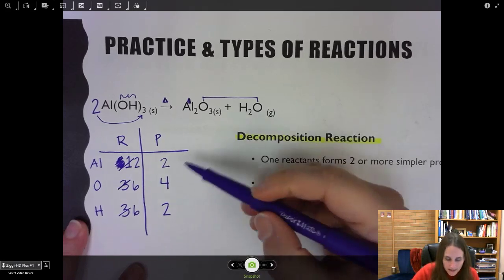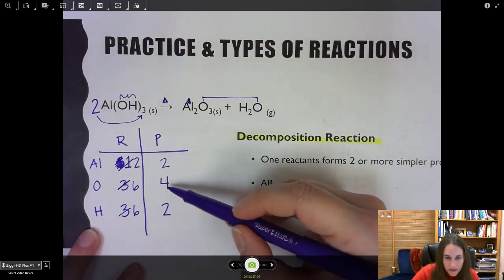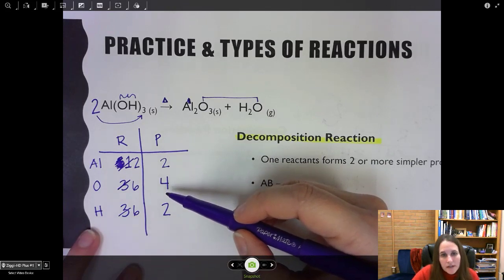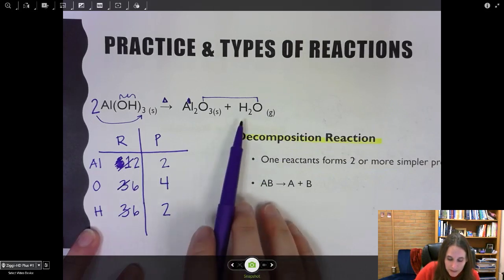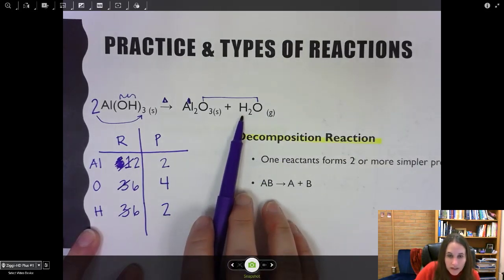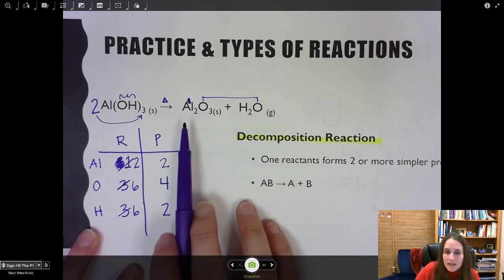So next, I have to decide, do I want to focus on hydrogen or do I want to focus on oxygen? And I'm going to choose hydrogen. The reason I'd like to choose hydrogen next to try to balance is because hydrogen is only located in one place on my product side, whereas my oxygen's located in 2.